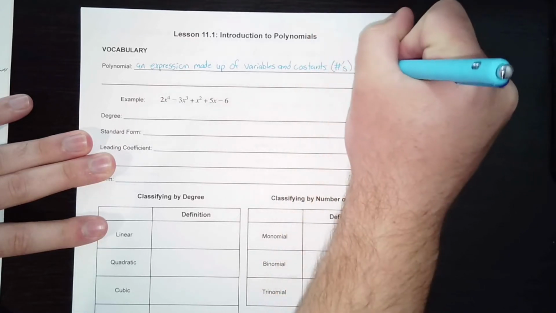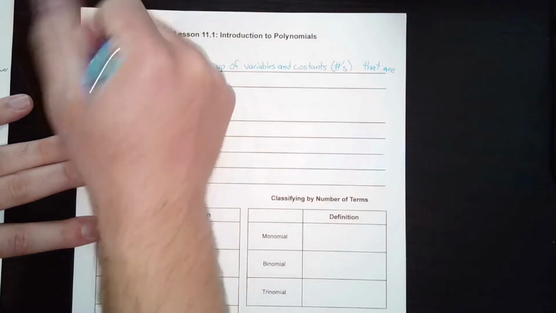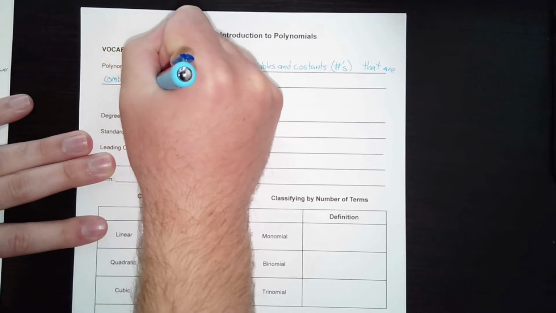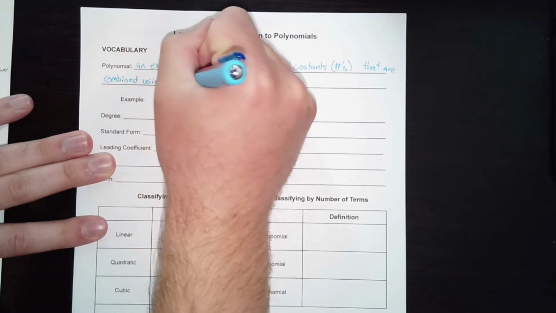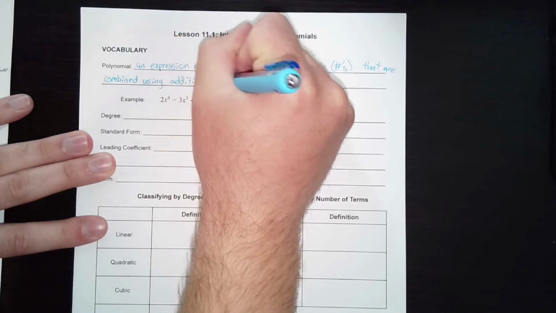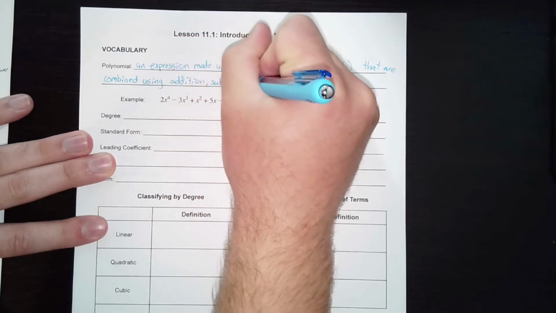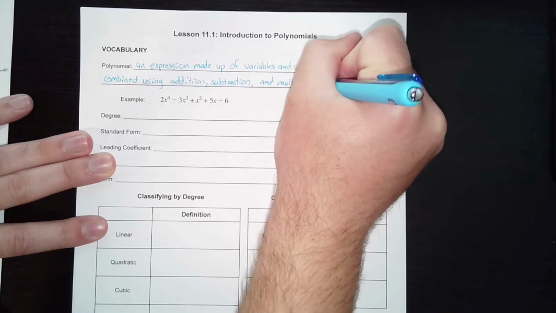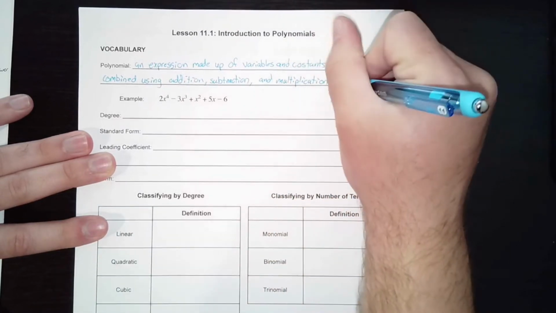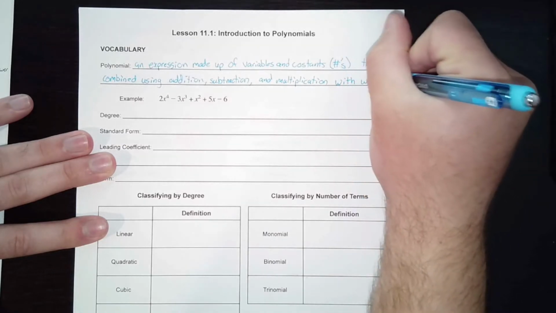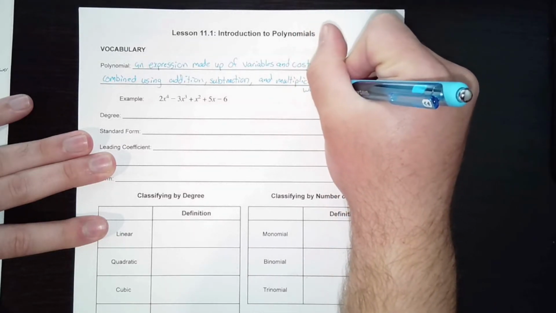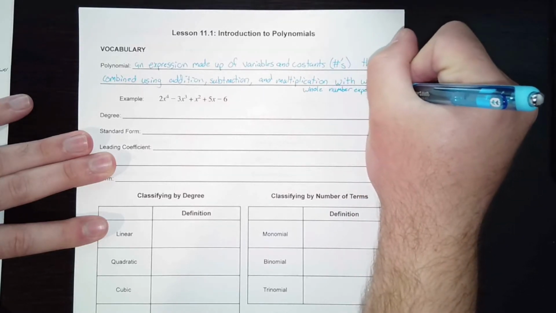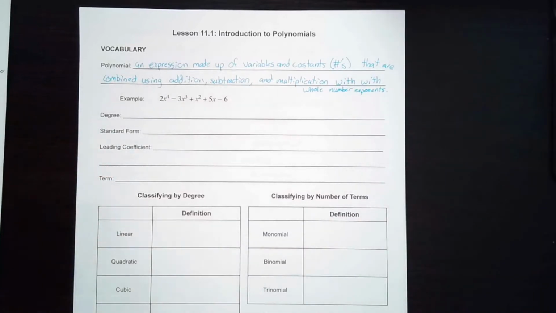Numbers that are combined using addition, subtraction, and multiplication. And then one last thing here, this does have to be with whole number exponents. Okay, so that's your full definition.